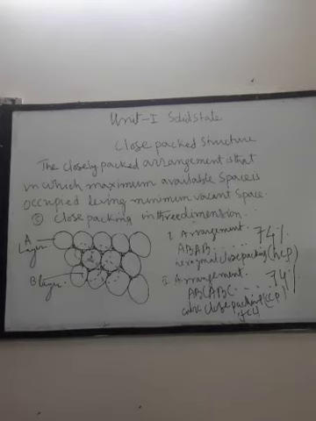That is, both ABAB and ABC arrangements are equally efficient because 74% of the available space is occupied.